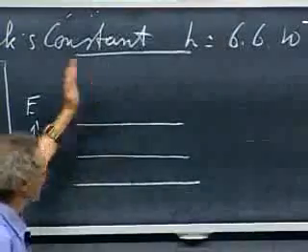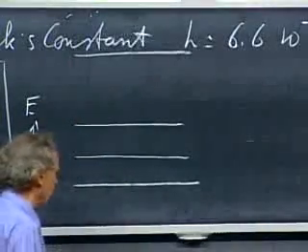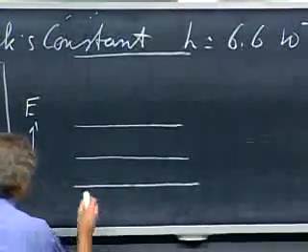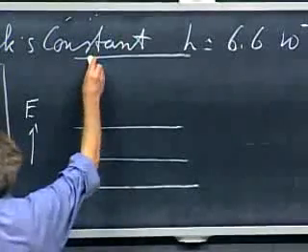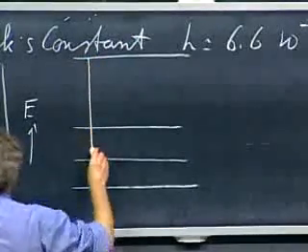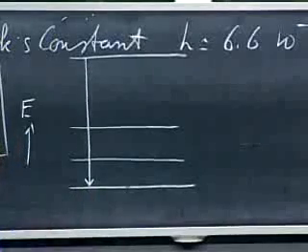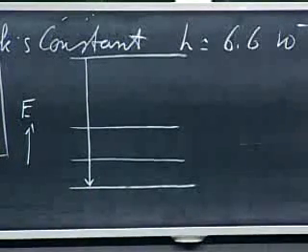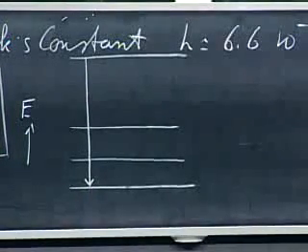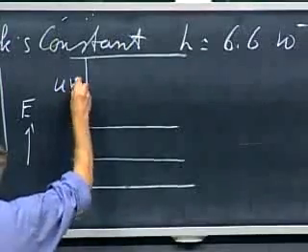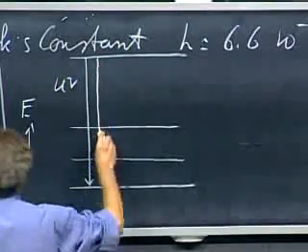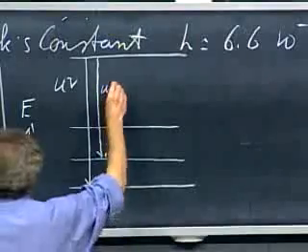So these would be allowed energy levels, allowed orbits. And if this electron had jumped all the way here, then it could fall back at a later moment in time, and the energy could be so much that you couldn't even see the light. It could be ultraviolet. And this jump may still be ultraviolet.